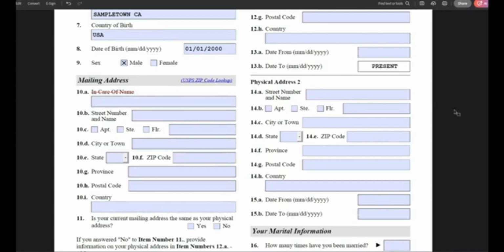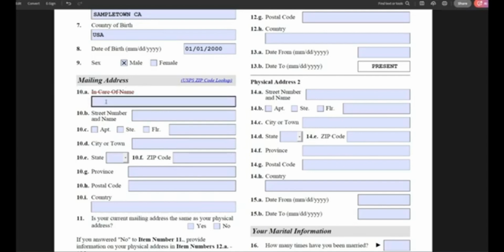But let's say, for example, you are living in a place where it's not your official place of residence and you would like someone else, or maybe you live in an apartment complex that doesn't receive mail and you will provide your friends or your relatives' mailing address to receive mail from USCIS.